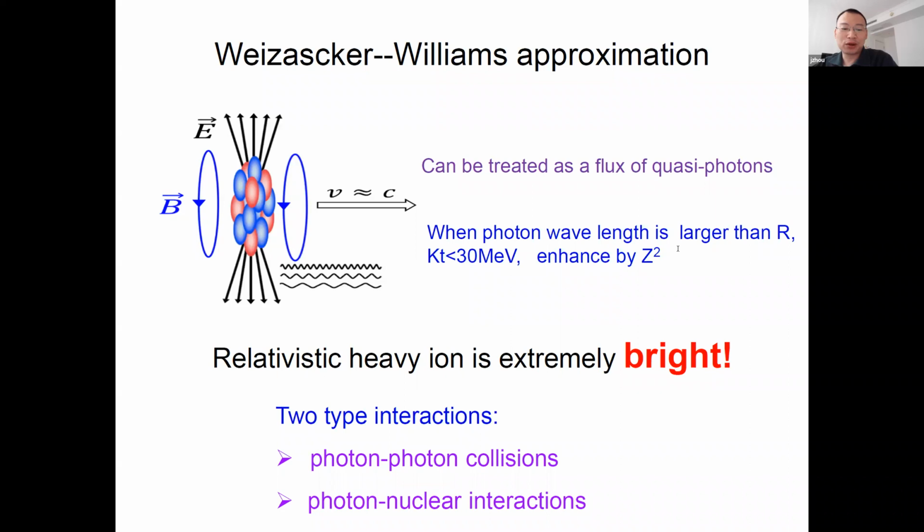The photon-photon interaction cross section in heavy-ion collisions is therefore enhanced by a factor Z to the fourth compared to that in pp collisions. Another type of interaction, the photon-nuclear interaction, can also occur in UPC.